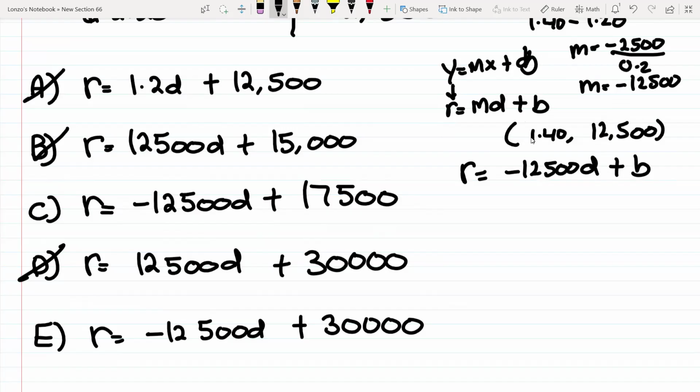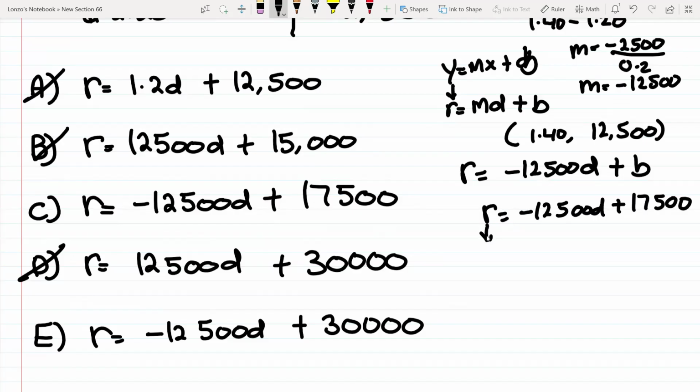So I'm going to test each one. Let's try C. R equals negative 12,500 D plus 17,500.